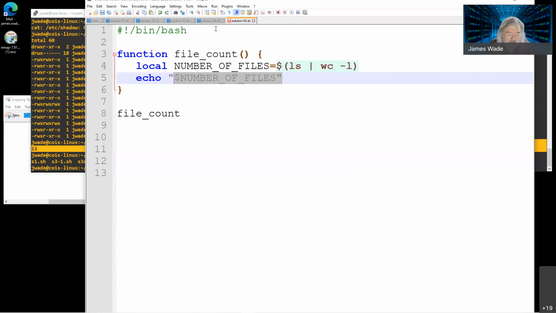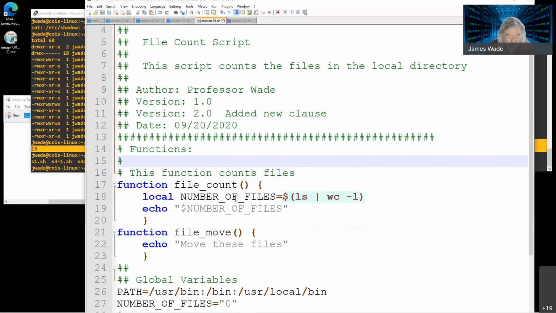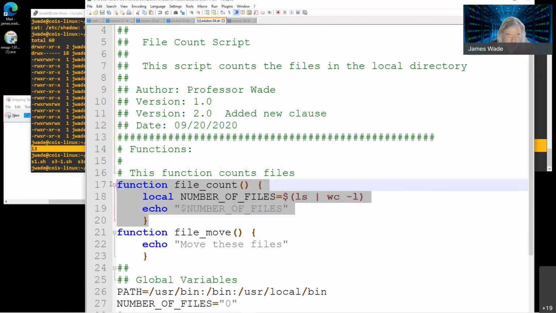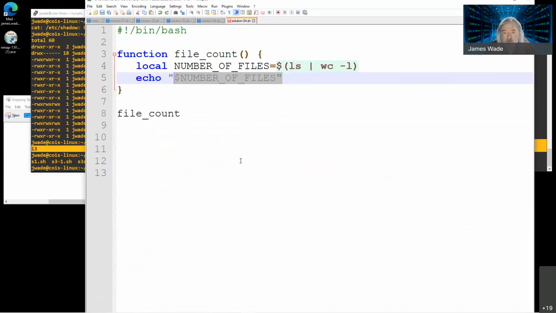Now, let's go back to this. It's the same program. Here's the function right here. But what I was showing the class is that when we write a script, I've been showing you some scripts that look like this. Just the script, man.